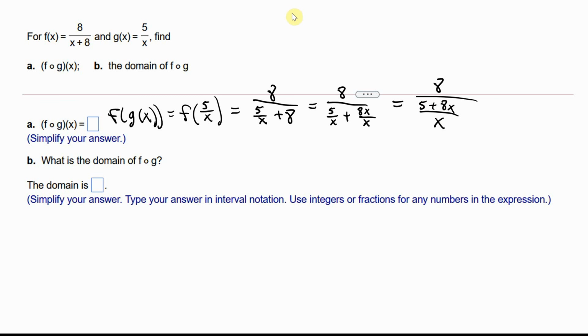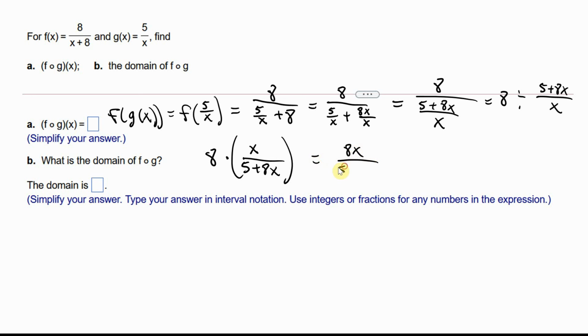So we have a number divided by a fraction, so this is 8 divided by 5 plus 8x all over x. That becomes 8 times x over 5 plus 8x. So that's just 8x all over 5 plus 8x. And that's what we put here.